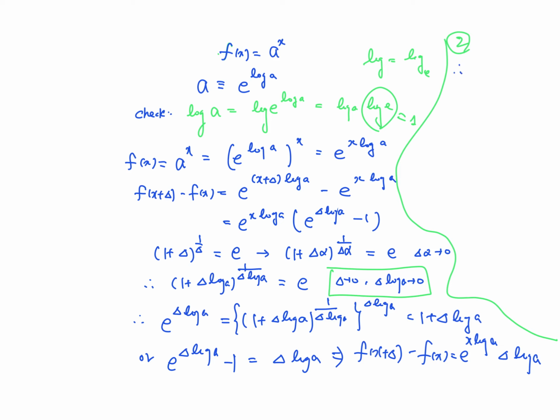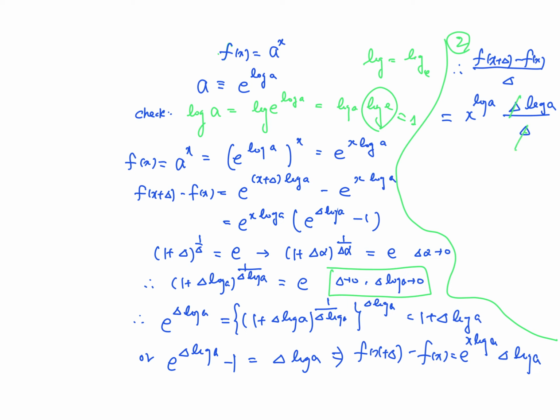Therefore, the difference quotient, f(x plus delta) minus f(x) over delta, is exponential x log a times delta log a over delta.